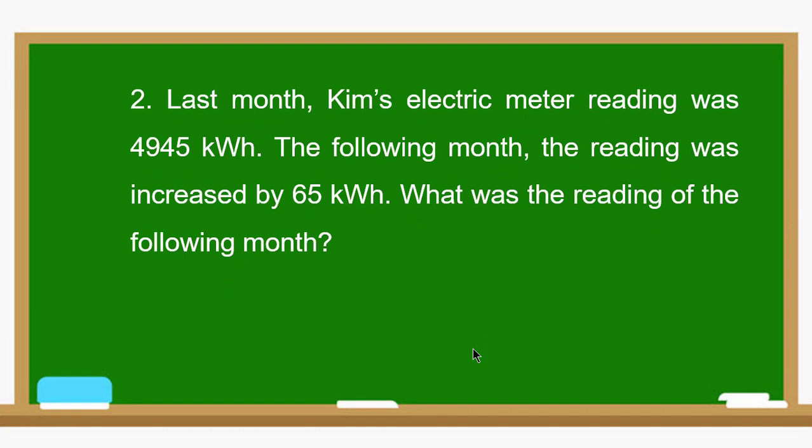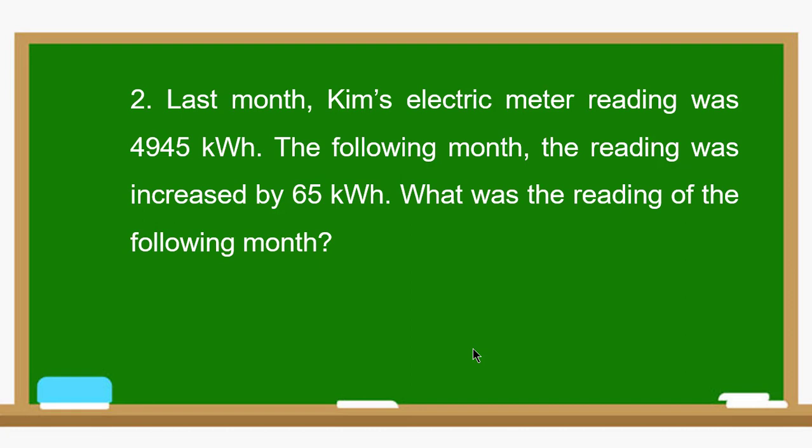Number 2. Last month, Kim's electric meter reading was 4,945 kilowatt-hour. The following month, the reading was increased by 65 kilowatt-hour.